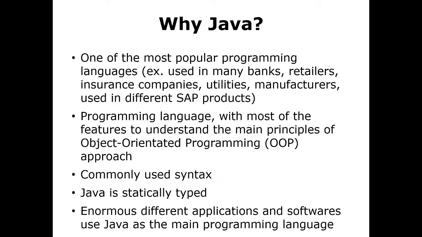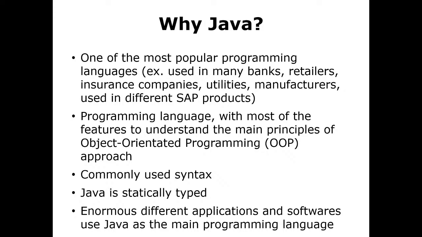Java is a very popular programming language, and in my opinion, the main thing for Java is that you can use your knowledge of Java as the basis to learn not all, but most of the other programming languages. So it's a very good base for everyone. Right? Yes, it's the language with the most features used in other programming languages, with the main principles.